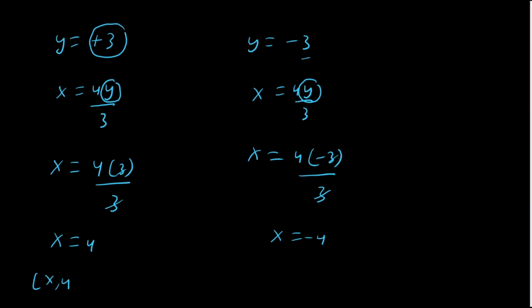Here the value of x comma y is, if x is 4 then y is plus 3, and if x is minus 4 then y is minus 3.